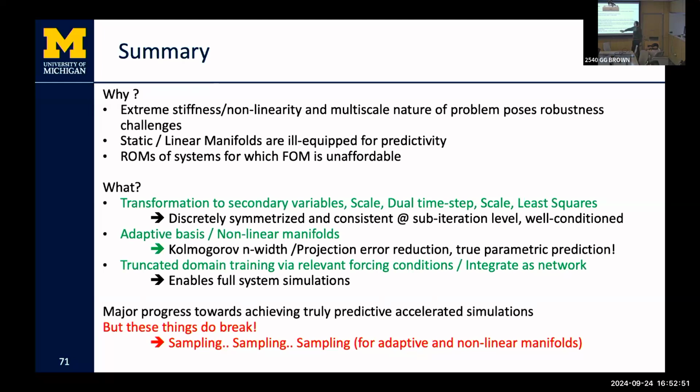So making the adaptive ROM more efficient is the main issue. And right now, for the kind of methods that we use, you can get a maximum of 10 to 20 times speedup, but because we're intrusive, this takes a lot of time to develop properly, many years. So my student Amir is, at least part of his time, thinking about some non-intrusive ways of doing this, but there's still a lot to be done.